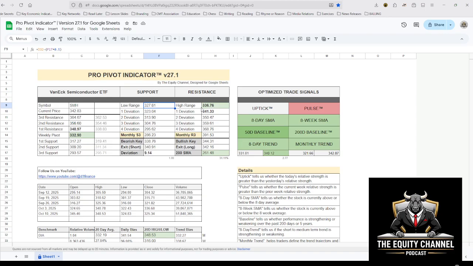These are actual signals, guys. It's not just a spreadsheet that throws some numbers at me. It gives you real life signals. This is important. So when it's lit green, what that means is we are outside of the consolidation range.